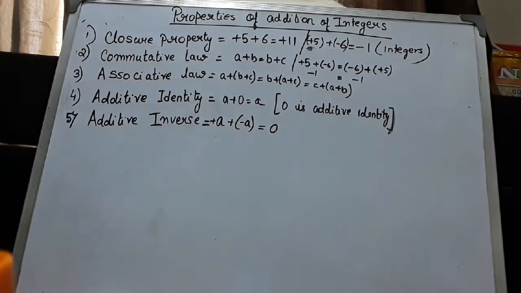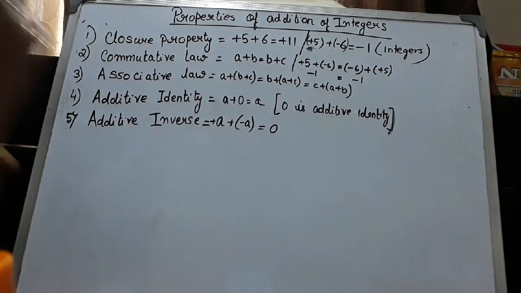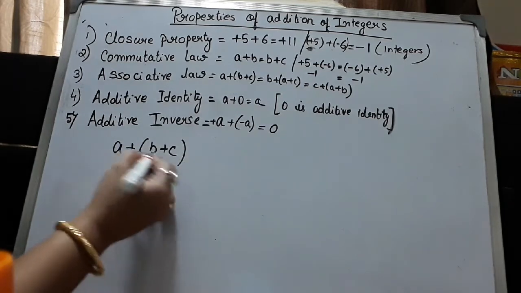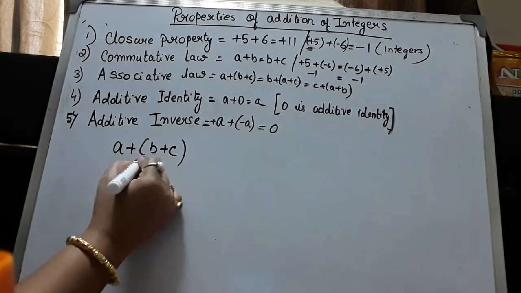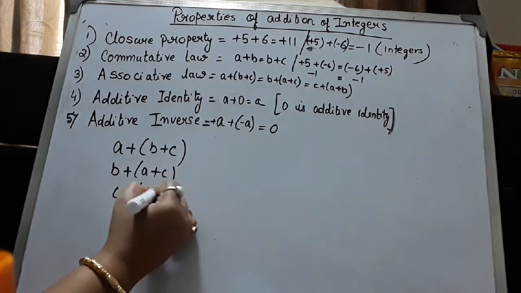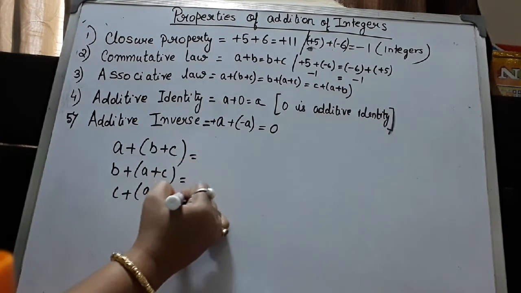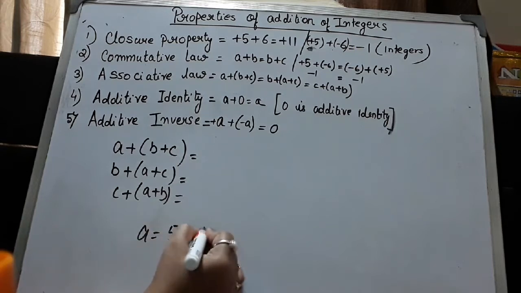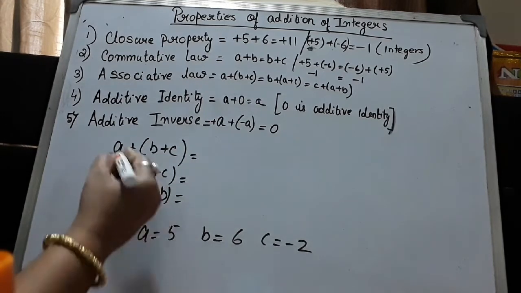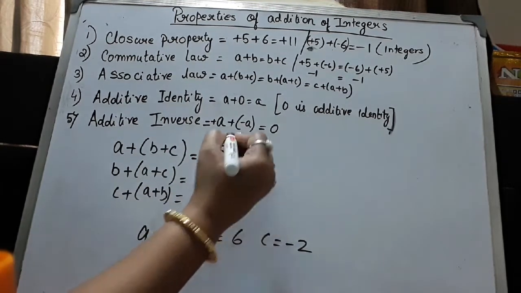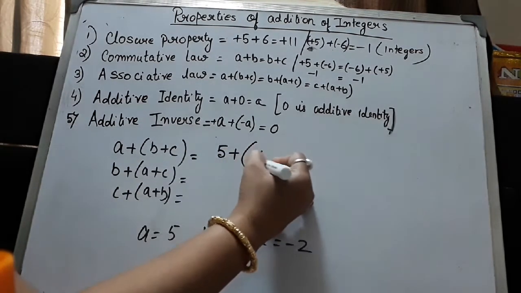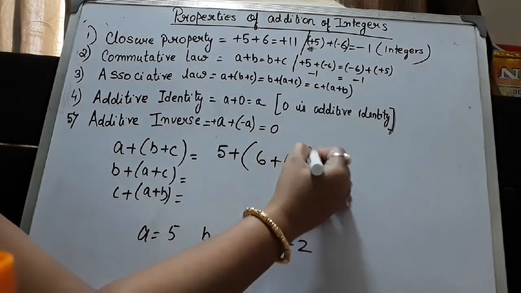Now comes the associative law, very important. The same numbers you can just rearrange. Once a number is coming inside the bracket, once it is coming outside, you just rearrange it. Take a equal to 5, b equal to 6, c equal to -2. Just put the numbers and check. First, a plus bracket b plus c: 5 plus bracket 6 plus -2.